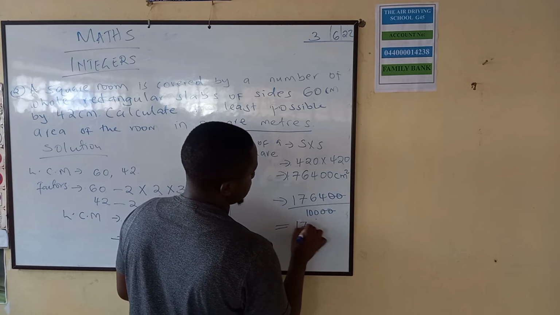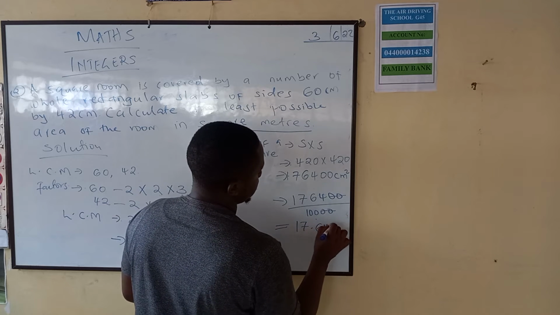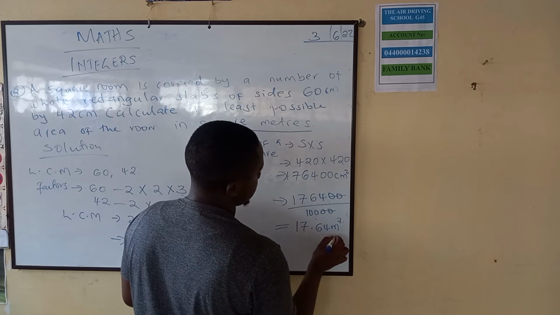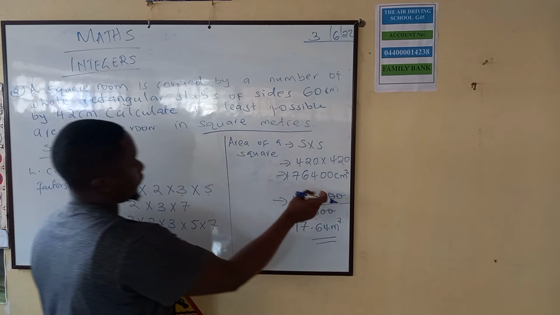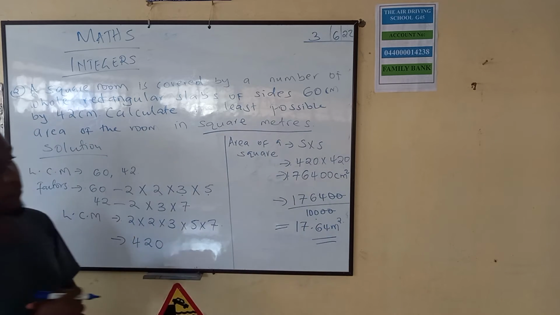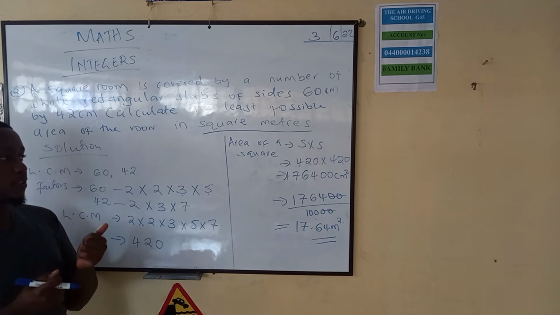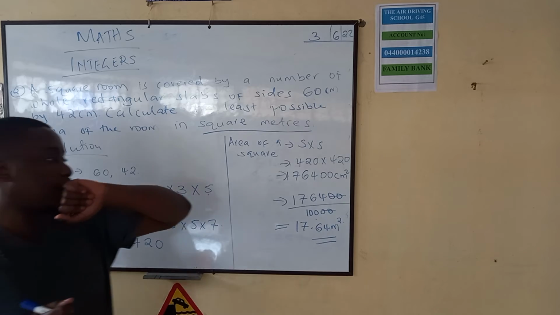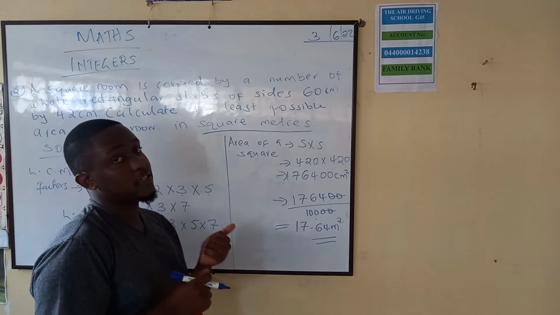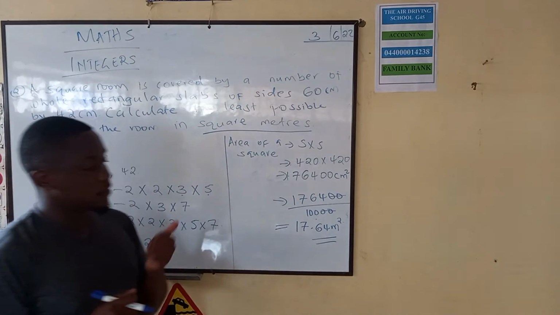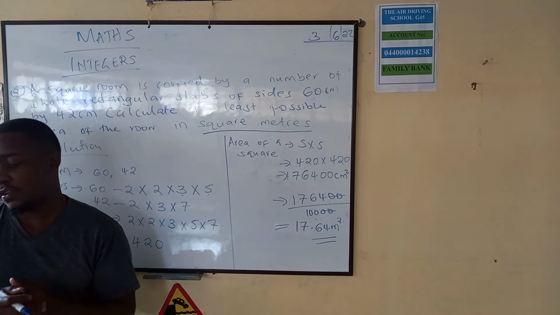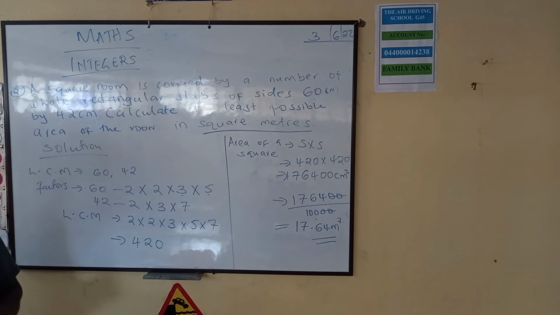So we'll have 17.64 square meters. I believe you know how I've converted. Because 1 meter is equal to 100 centimeters, that means 1 square meter is equal to 10,000 centimeters squared. That is how the conversion has been done.